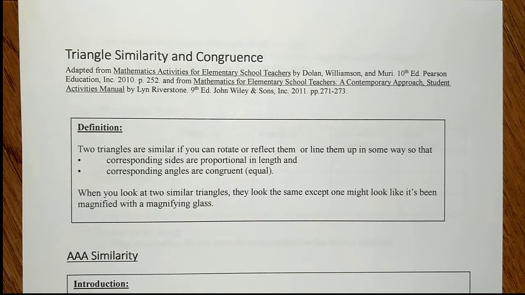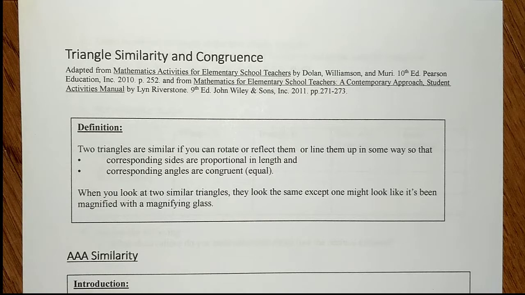This really looks like zooming in on one of them, or setting it on the copier machine to copy at like 200%. That's what similar triangles are, right? They are the exact same shape, but bigger or smaller.